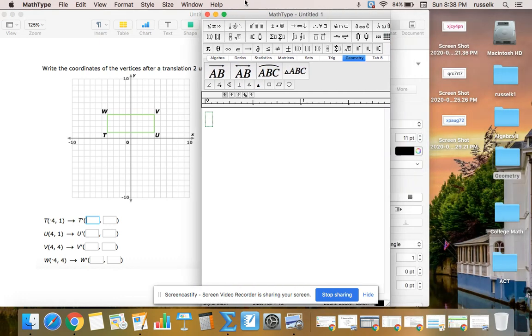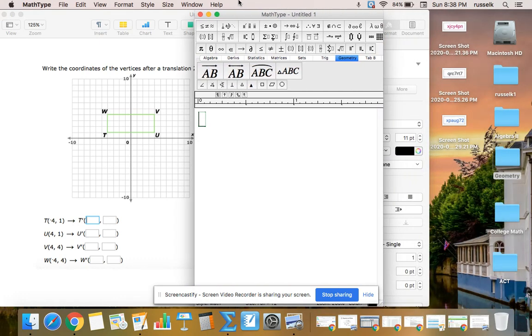In this case, if we're going to the left 2, my first point T prime would be negative 6. And then if I'm going up 6, that would become 7. U prime, I'm going to the left 2, subtract 2, which would give me 2.